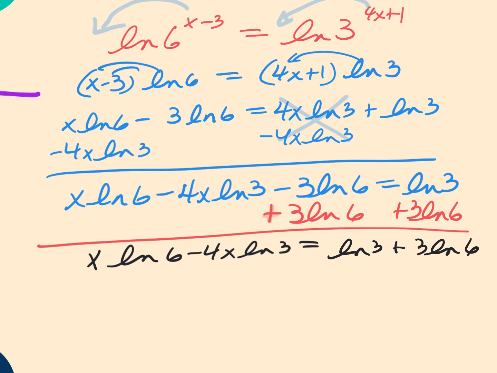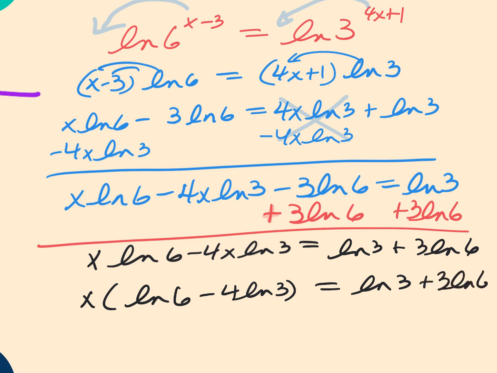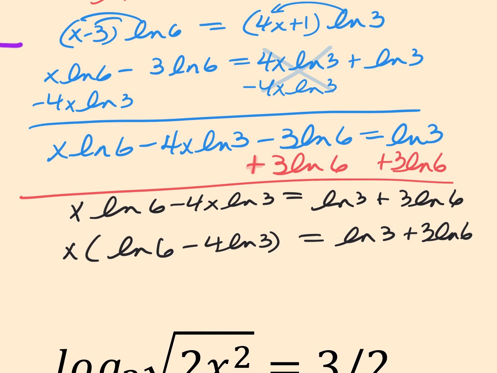I need to factor out a GCF of x from the left side. So once I divide this by x, I'm left with ln 6 minus 4 ln 3 equals, and this side stayed the same. And now my last step is just to divide.